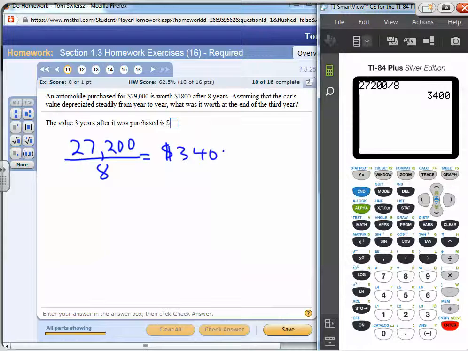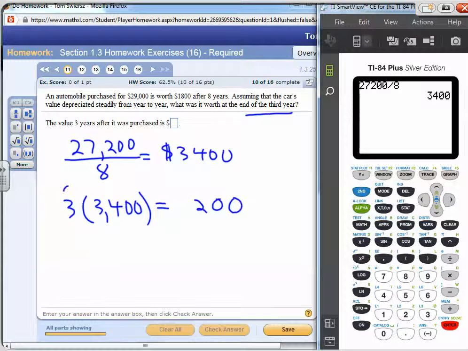Now, what is it worth at the end of the third year? For 3 years, what did it depreciate? 3,400 times 3, right? Each year 3,400. So 3 times 3,400 is going to give us 10,200. So in 3 years, it depreciated 10,200. So what is the value?